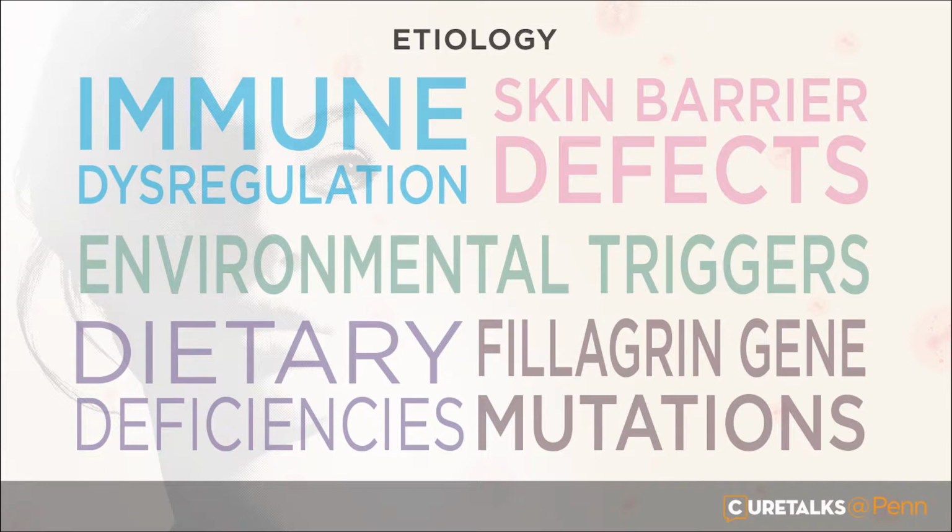When you think about the pathophysiology of atopic dermatitis, it's an extremely complex disease. There's an interplay between genetic mutations, of which the most well-known is filaggrin, and the environment as well. And I think it's also important to know that there are a great deal of patients with atopic dermatitis who do not have filaggrin mutations, and they still develop atopic dermatitis.